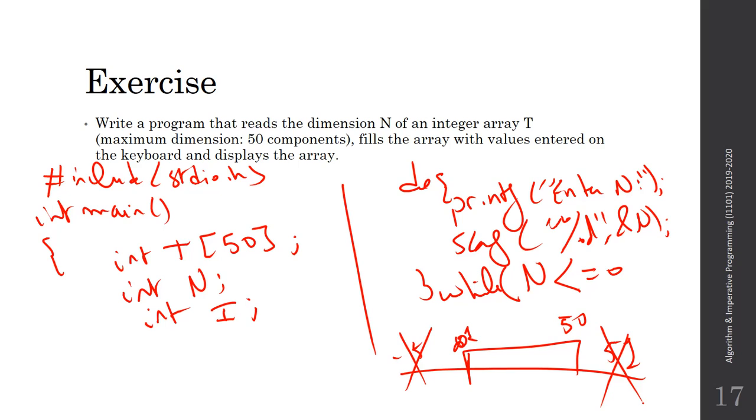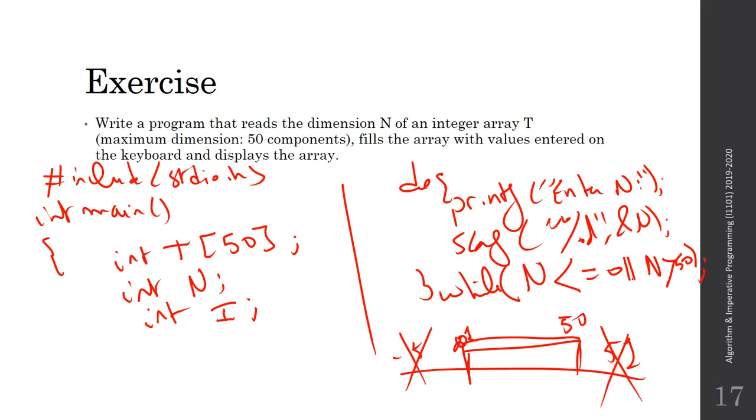So as long as n is less or equal to 0, or n is greater than 50, I need to repeat. I need to be in between 1 and 50. The negation of in between 1 and 50 is n less than 1 or n greater than 50.